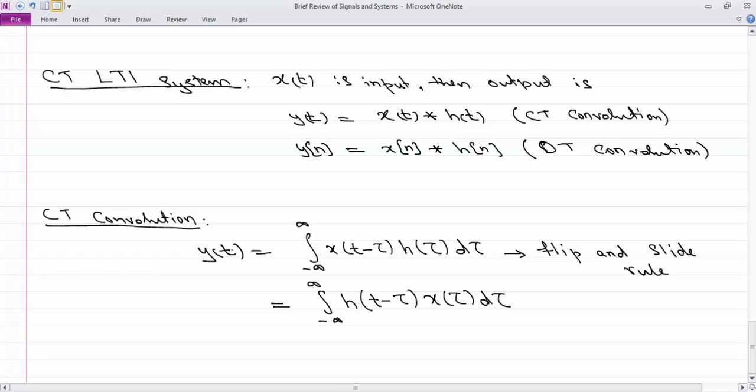To compute the output at time t, you multiply, for example, your impulse response if you want to use this version, or your input if you want to use the second version, with x of t minus tau, which is a flipped and time-shifted version of your input. You multiply the two, you take the integration, calculate the area under the curve. That is your output at time t.